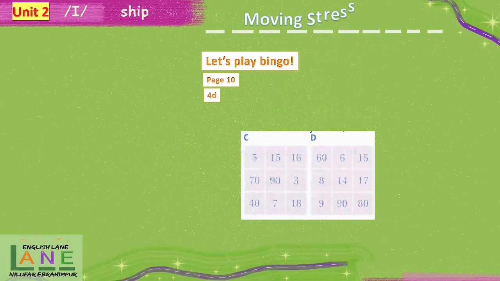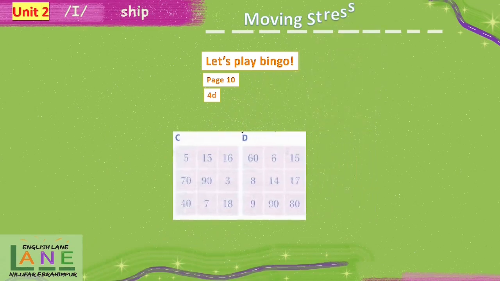First, you don't look at the numbers in square C and D. But you speak. You read the numbers, all the numbers you see in part A. And while you are reading the numbers, cross them so you don't repeat them. And you record your voice.